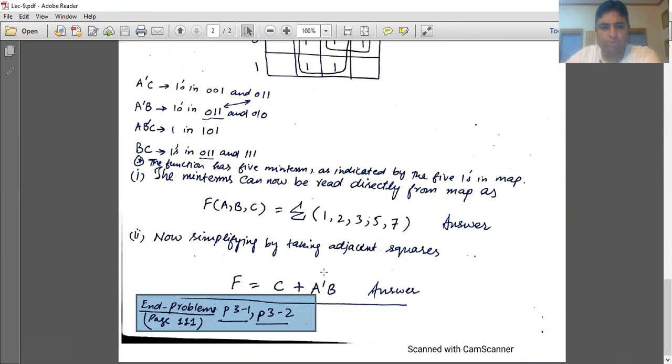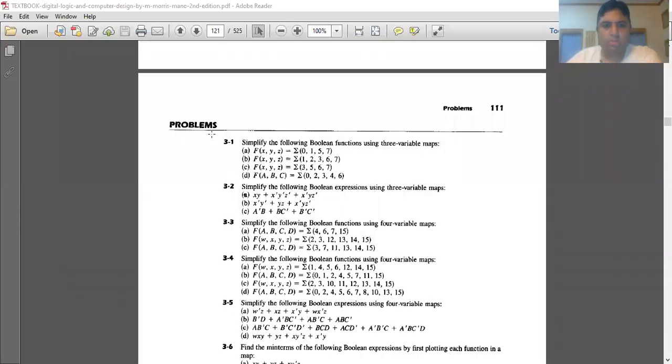I can show you the problems directly from the book. So this is your problem 3.1. Problem 3.1 has three variables, and there are four parts, A, B, C, D. It is similar to what we have done in our examples 3.1, 3.2, and 3.3.